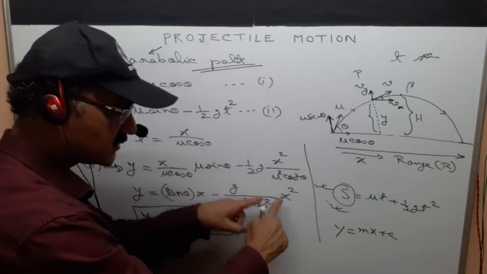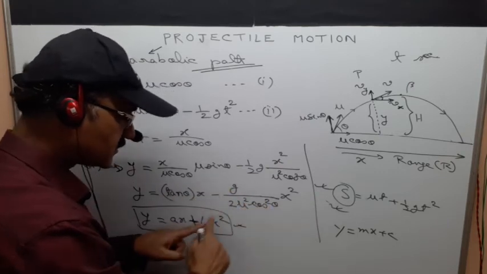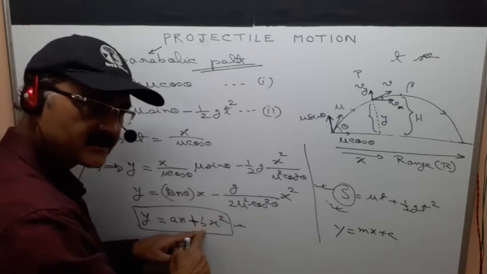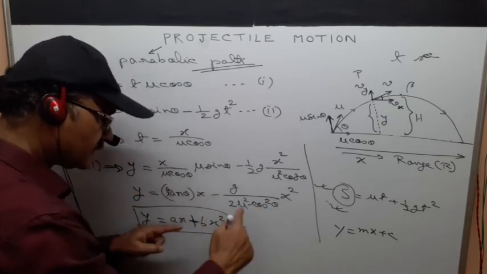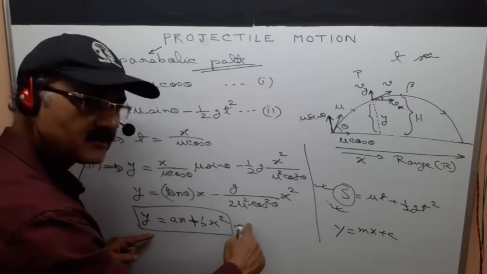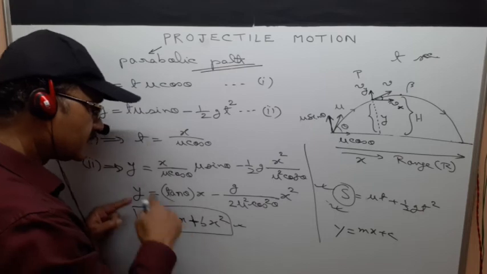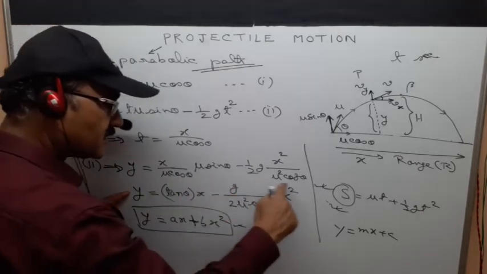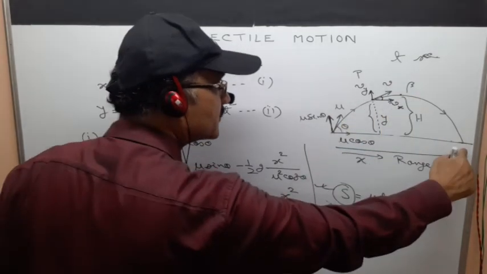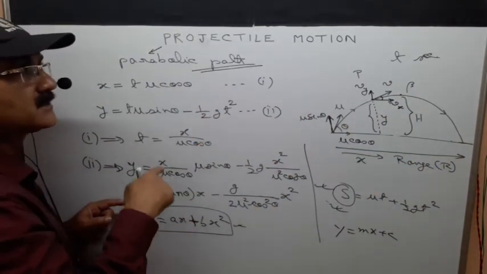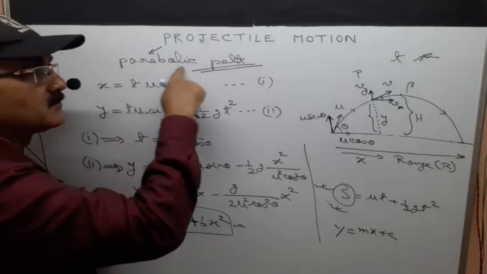Theta is a constant, so this part is constant, this is b. Minus of the whole thing is b. So this equation is in the form of the equation of a parabola. That proves that this equation representing the motion of a projectile is a parabola. That means the projectile follows a parabolic path.